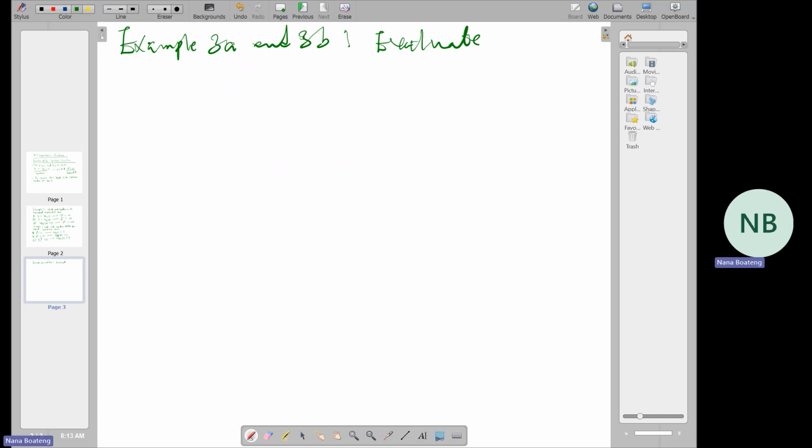A is log to the base 10 of 100. So log to the base 10 of 100 is the same as log to the base 10 of 10 power 2, which is equal to 2, because the exponential form can be written as 10 power 2 is equal to 100.